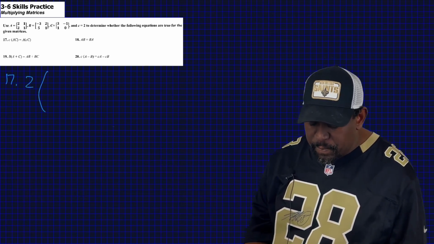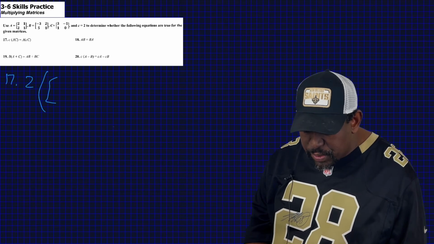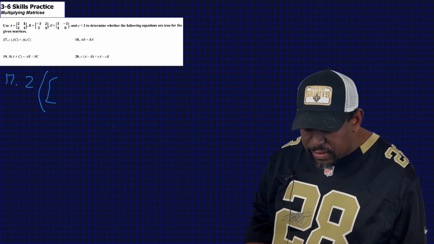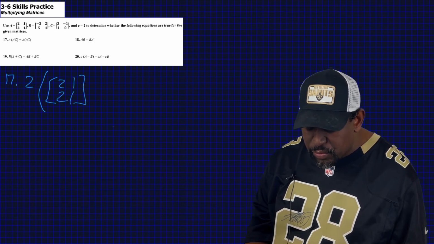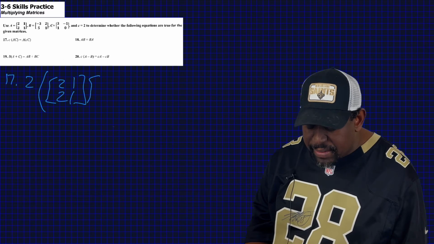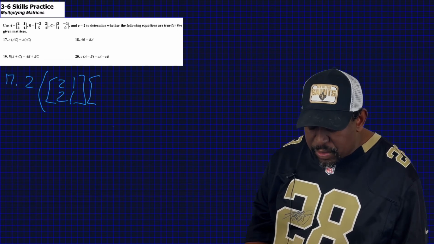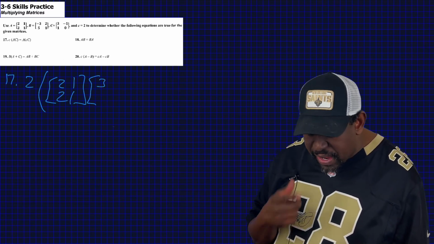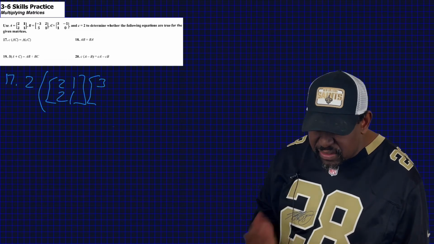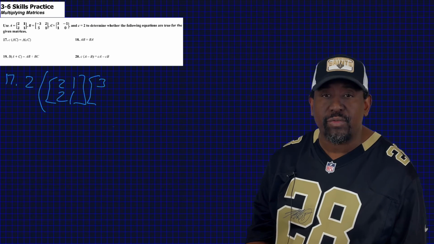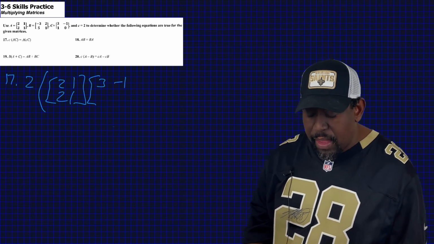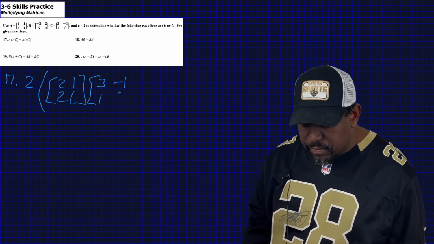So first thing we do, we put 2, because that is our lowercase c. We multiply that by the matrix A, which is row 2, 1 and row 2, 1. We're going to multiply that together, and we're going to multiply A times C. C is a 2x2 matrix with row 3, -1, and row 1, 0.